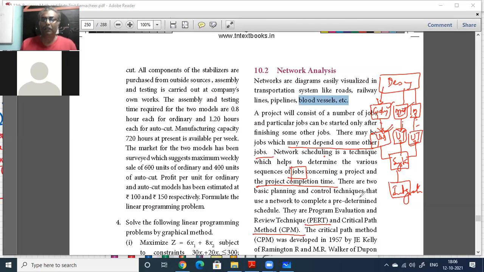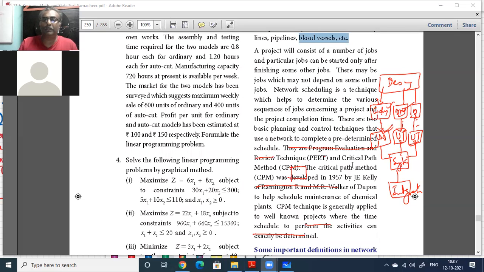Now, CPM was developed in 1957 by J.E. Kelly of Remington Rand and M.R. Walker of DuPont. All these fellows were working on real-time projects, struggling and struggling, and then they found out this method. They did this in order to help schedule the maintenance of chemical plants. So when a chemical plant is running, how do you do the maintenance activity in such a way that you optimize your time and maintain the plant within a predetermined schedule?